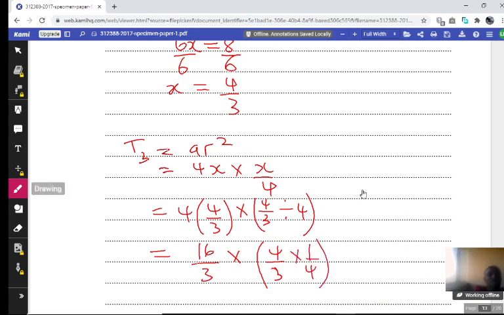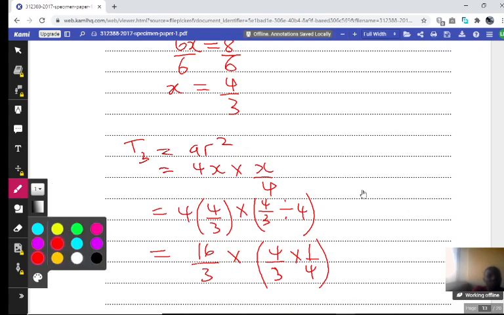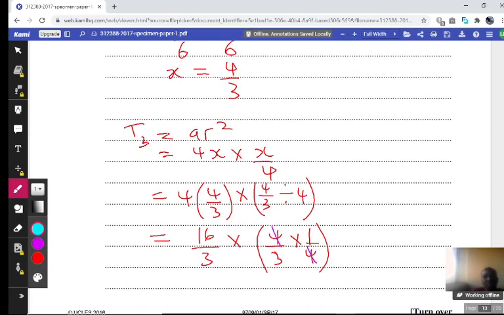The 4 and the 4 will cancel each other, so we are left with 1 over 3.